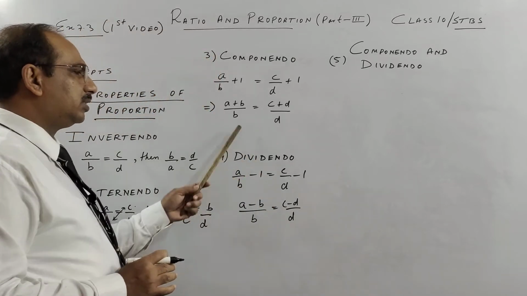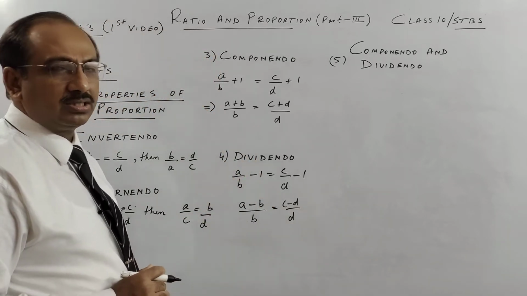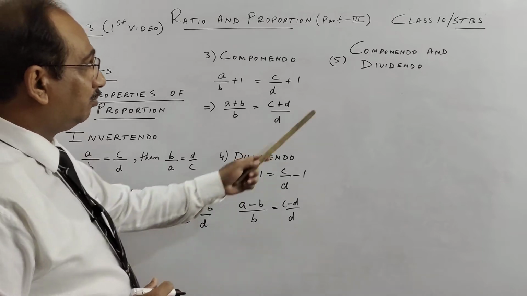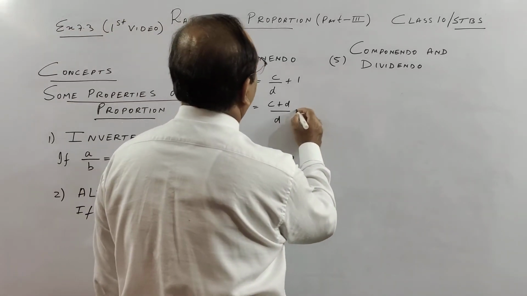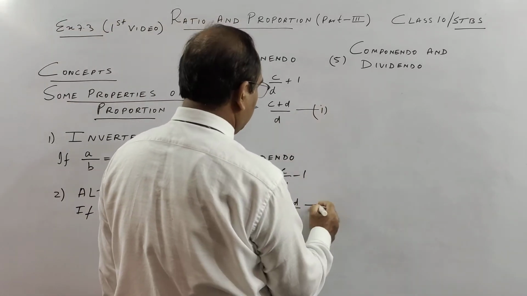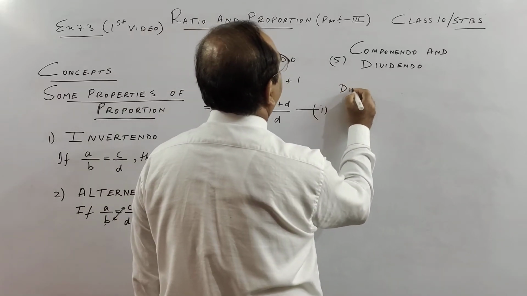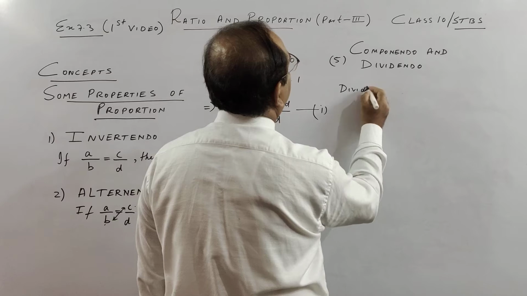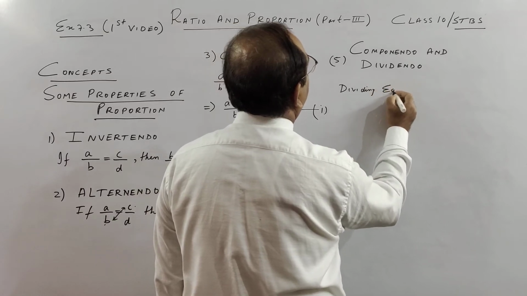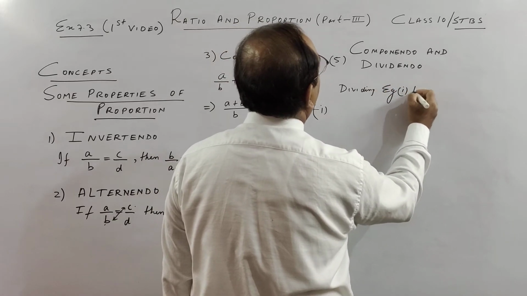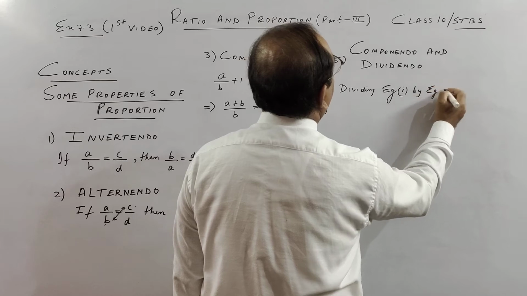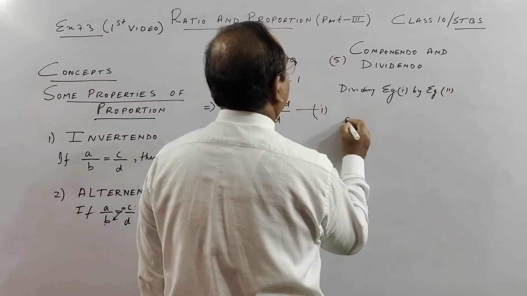Individually, as I told you, they are of very little significance. But see this property. Let this be equation 1 and this be equation 2. Dividing equation 1 by equation 2, what do we get?